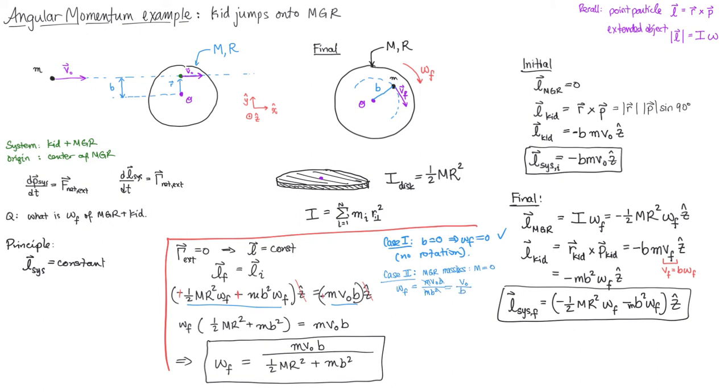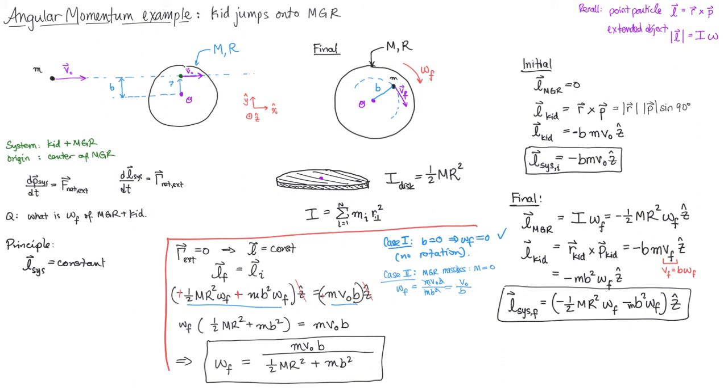So that's kind of an interesting case where the kid jumps onto the merry-go-round, and the merry-go-round spins at an angular speed that's equal to the kid's initial speed divided by how far away from the center the kid is. So that kind of makes sense also. We don't have to share the angular momentum of the kid with the angular momentum of the merry-go-round because the merry-go-round is massless.